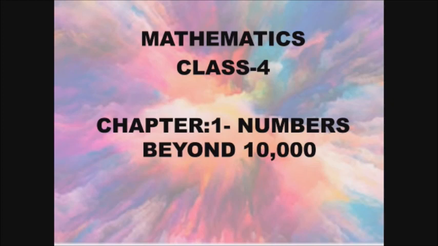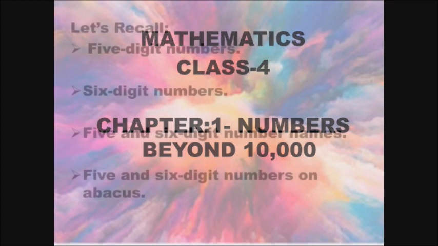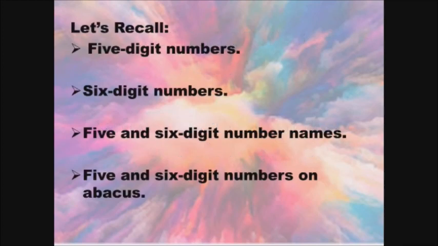Now we are back again with another video focusing on an important topic, and it is the continuation of chapter 1, numbers beyond 10,000. Before getting into the topic, let's recall the previous session topics. 5-digit numbers, 6-digit numbers.